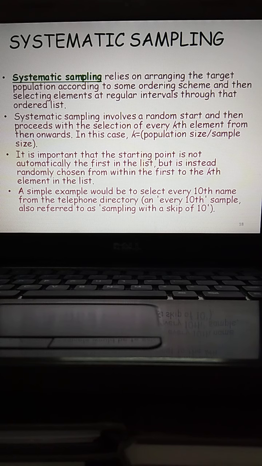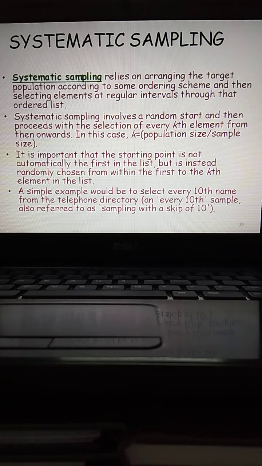So here also, all the population units are going to be numbered and listed according to any rule, ascending order, descending order, whatever it may be. Systematic sampling involves a random start and then proceeds with the selection of every kth element from then onwards.